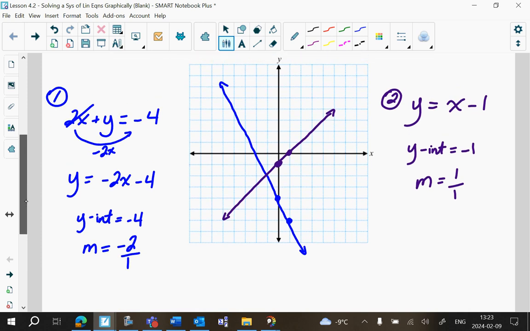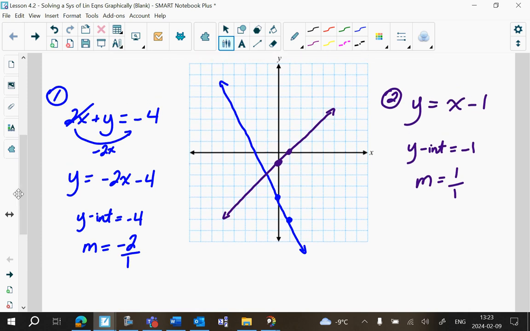At what point, if you drew them exactly, do the two lines intersect? Negative 1, negative 2. So they intersect at x equals negative 1 and y equals negative 2.